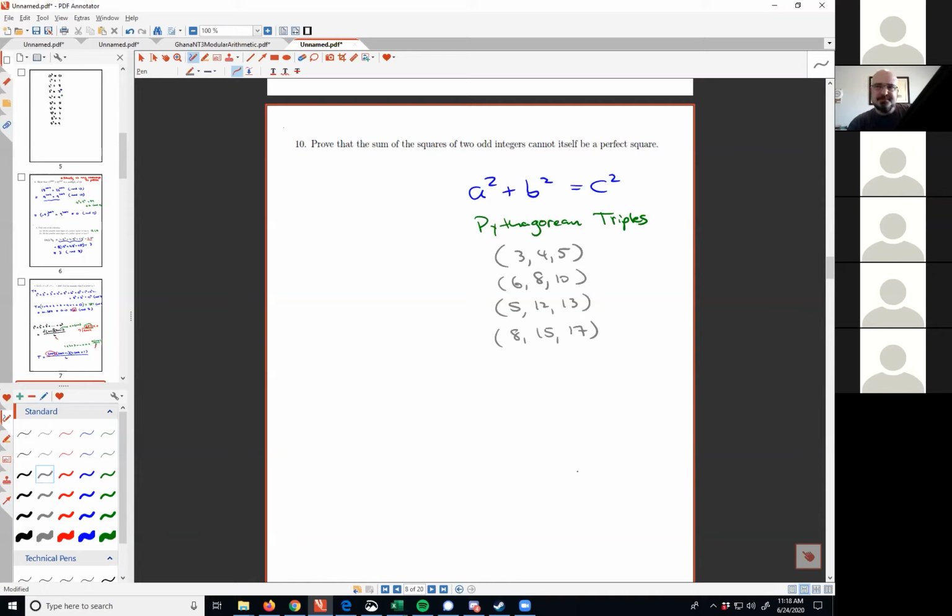Then you can draw a triangle and put the numbers in it and try to square them to see whether you get the same result. Yeah, it has to be specifically a right triangle.